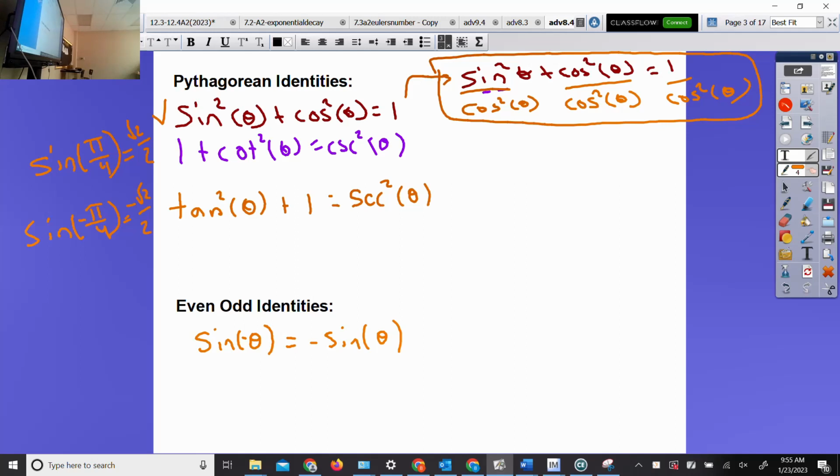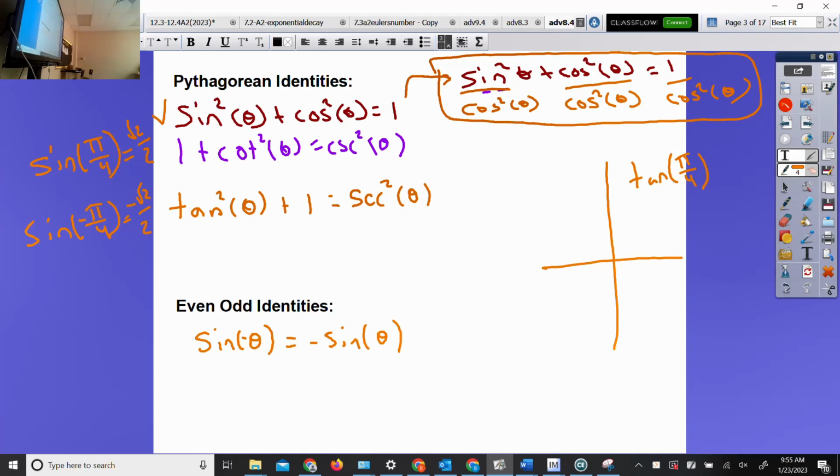I believe it also works for the tangent ratio. What's tangent of pi over 4?